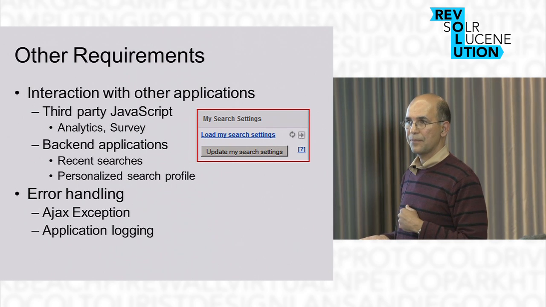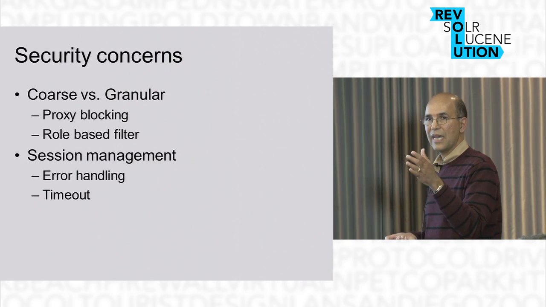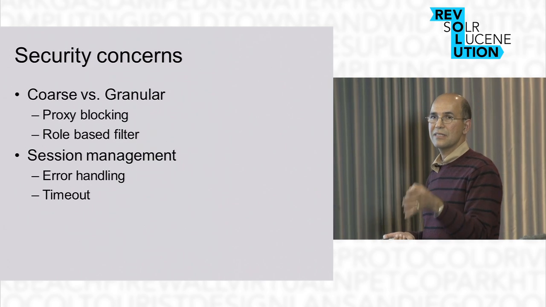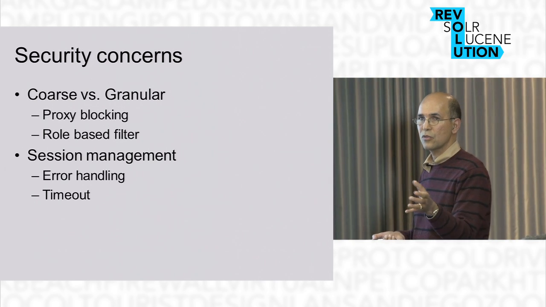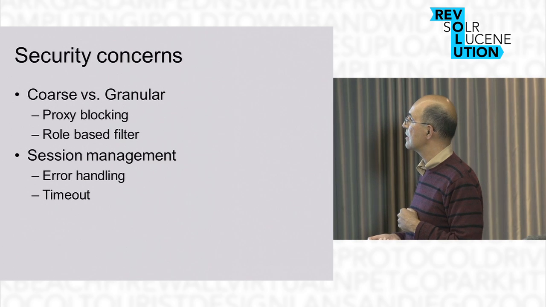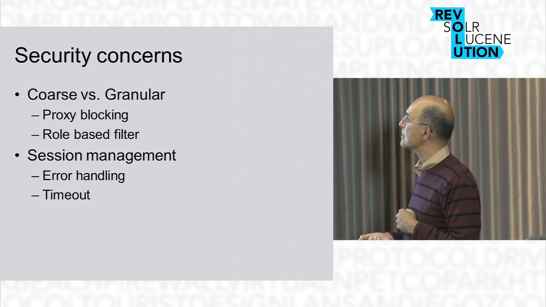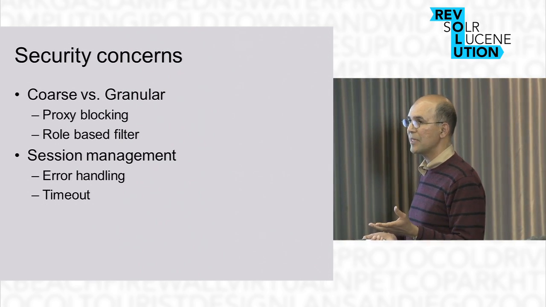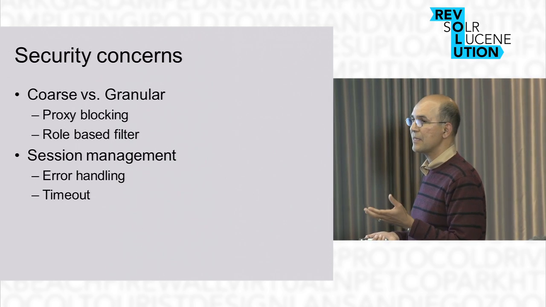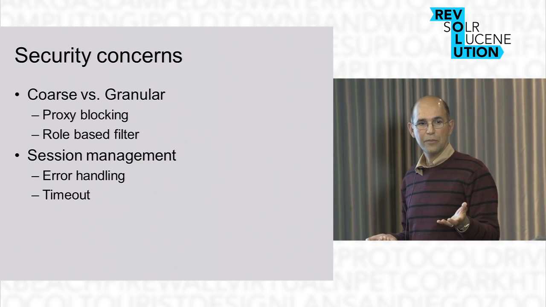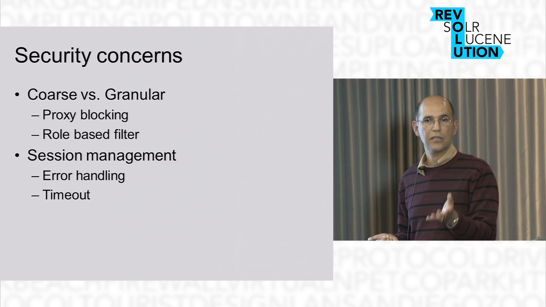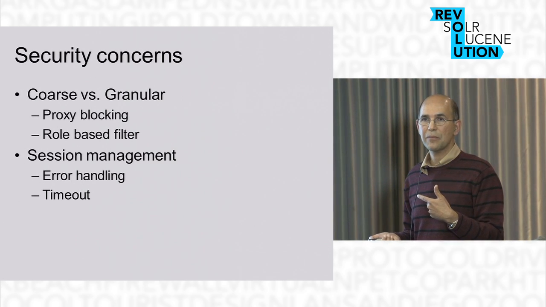Now, security. As I discussed, we had a proxy server sitting between the browser and the server to cache appropriate requests. But we also had requirements around role-based requests. As Troy mentioned, there are employees and customers accessing the search application.